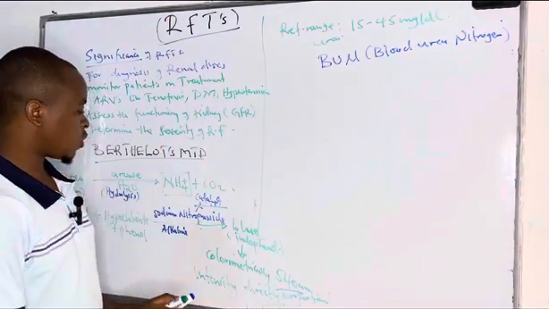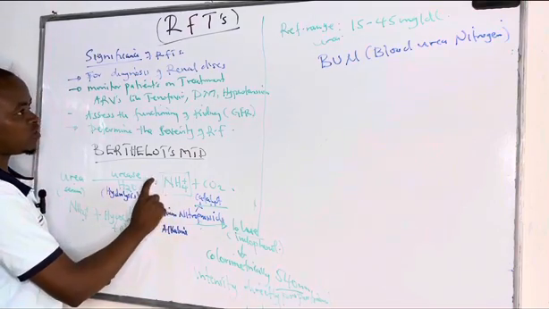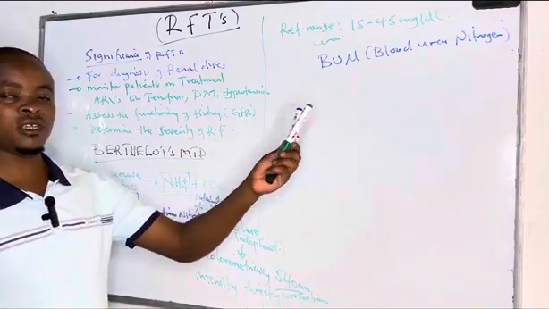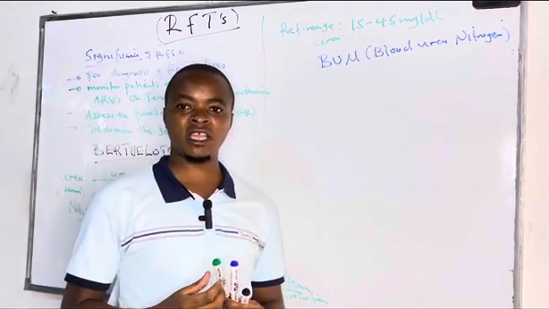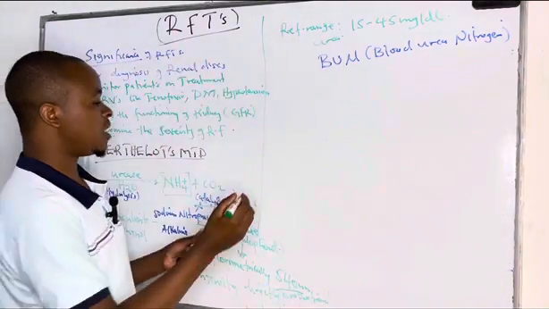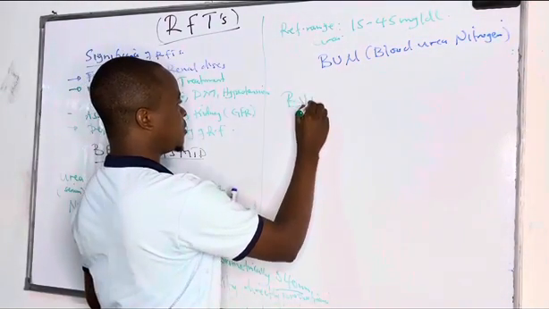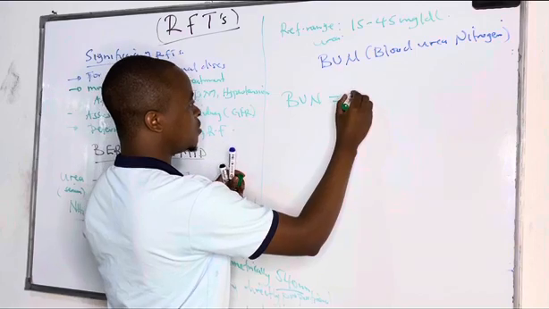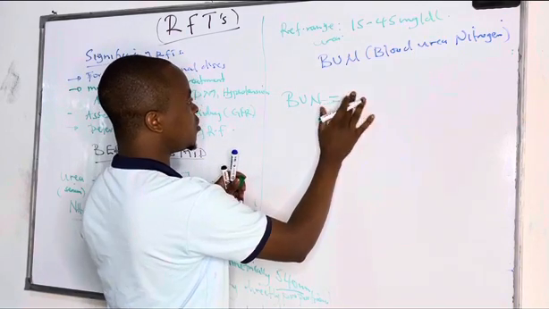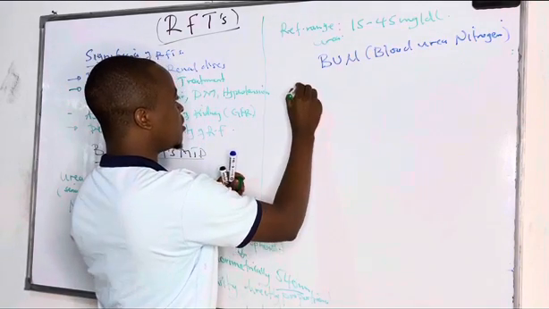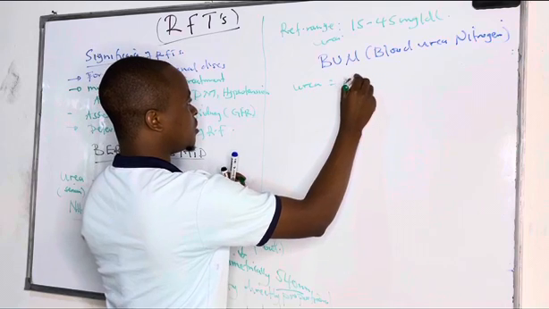So long as I have determined the concentration of urea, I can use it to determine blood urea nitrogen, whereby we use the formula that BUN is equal to, first of all, we know that the molecular formula of urea is this.